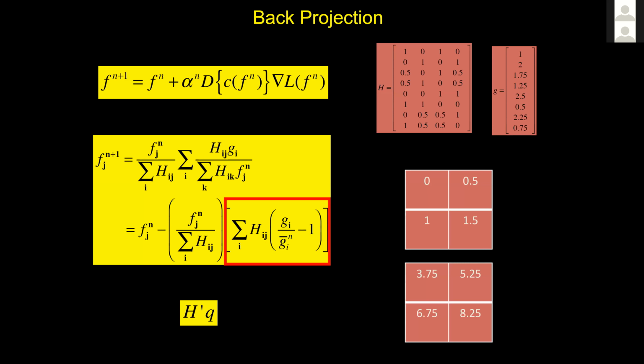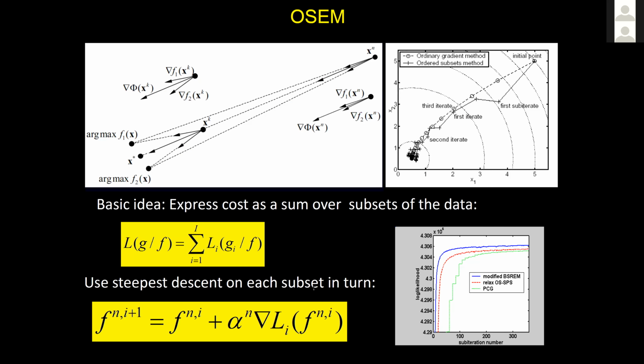So then, if you look at how this happens, you can get a sense that at the beginning of your iterations, your solution is far away from the optimal solution.